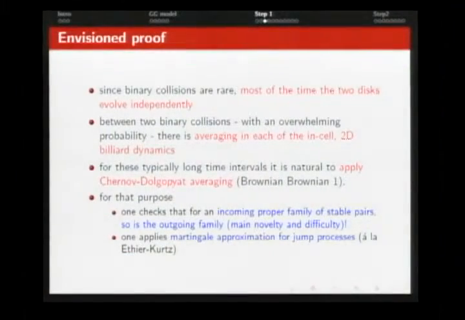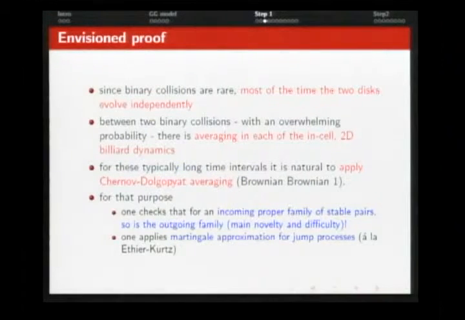Only very rarely, at the rate epsilon power 3, they interact. And during these times, there is an excellent averaging, excellent statistical properties for each particle. And one can try to apply a method similar to the one Chernov and Dolgopyat were applying.